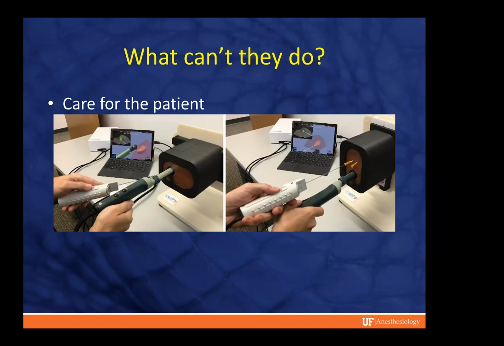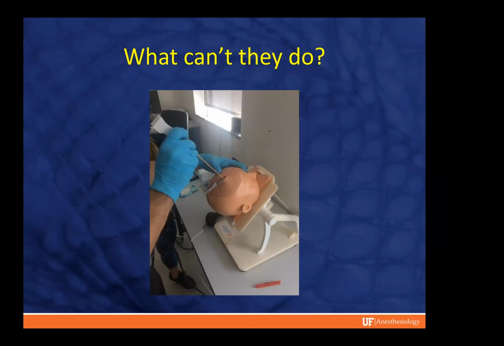Some of this technology could be used as real-time guidance for procedure performance in real patients, but we're not there yet. The tools still require a human interacting with them to be doing the technique of interest. And we don't really have the ability to take this and transition it to a patient quite yet.